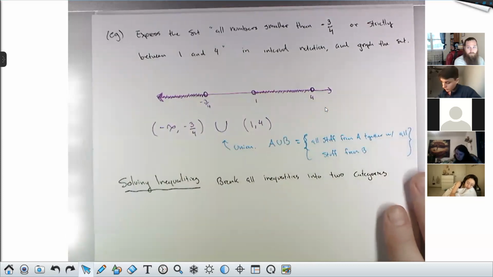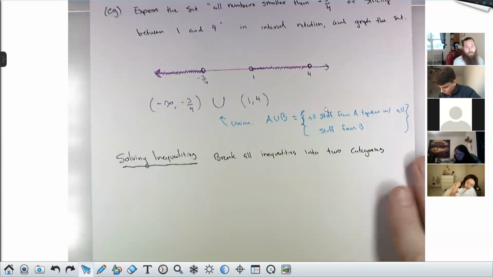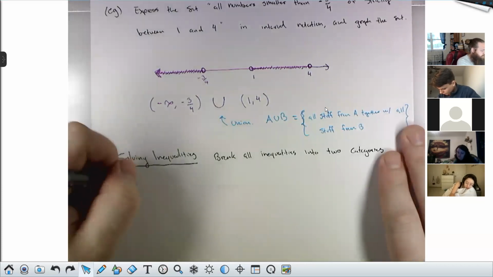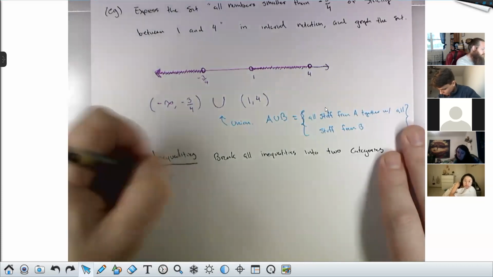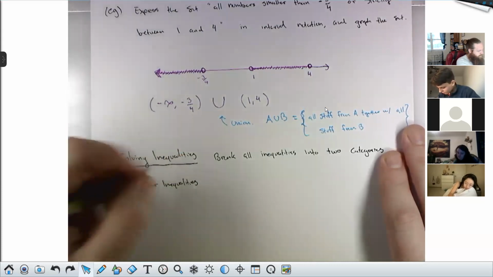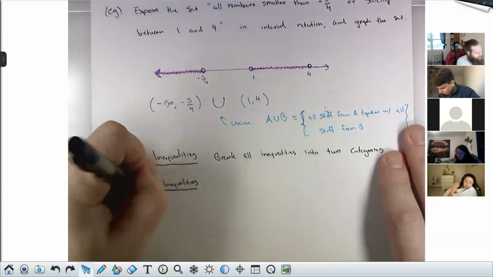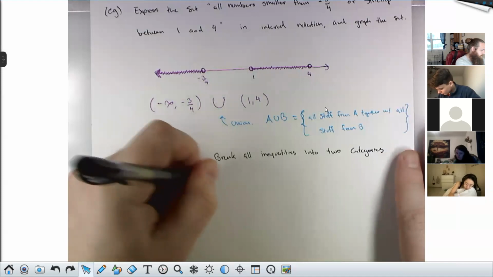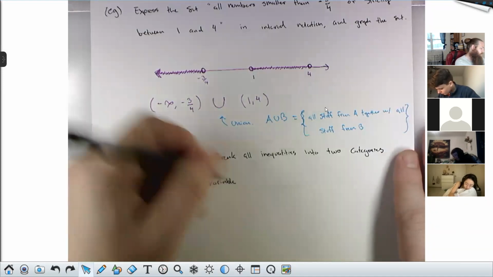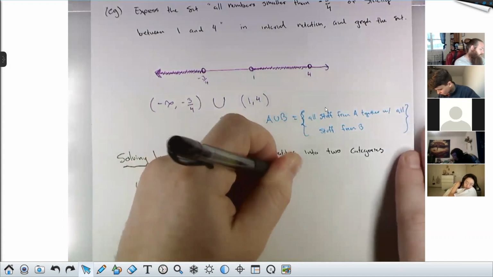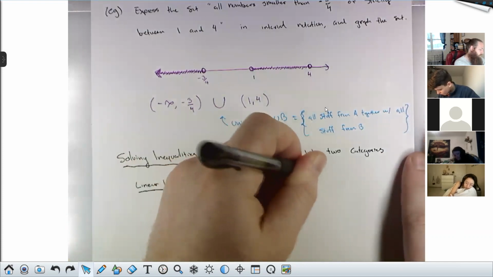They're the ones that we can solve the same way we solve equations, right? Just by moving things around, subtract from both sides or multiply both sides by some number. Those are linear inequalities. These are where the variable only appears upstairs, right?